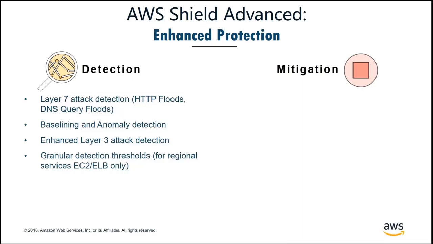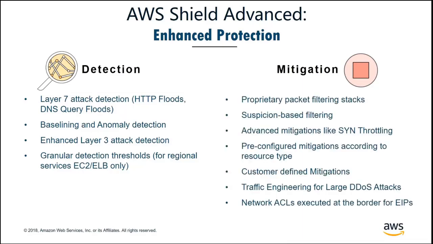So instead of being designed to maintain the availability of the underlying service for all customers, it's actually targeted at the availability of your application. And we also have the ability to set granular detection thresholds based on the type of resource, the family of the instance, the region that it's in, or how many of them you have in a scaling group, which is really powerful.